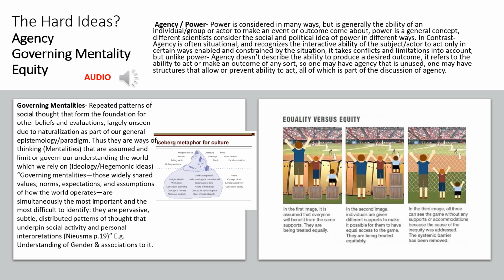And so the way that we can think about governing mentalities is that they are ways of thinking that we assume and that limit or govern our ability to understand the world. One of those examples would be our ongoing discussion in the class of individuality, right? So when we talk about agency, the language in English to talk about the ability to act is individualized.